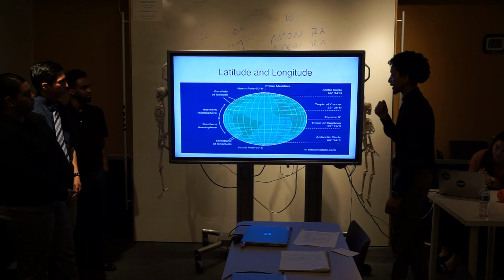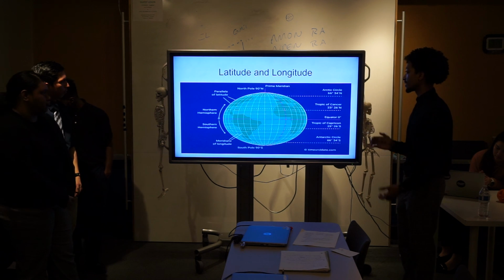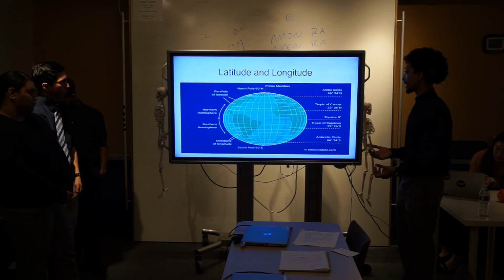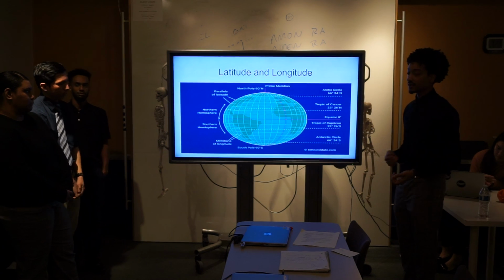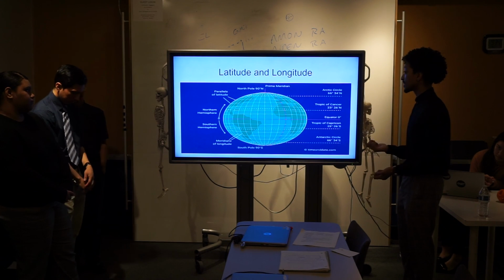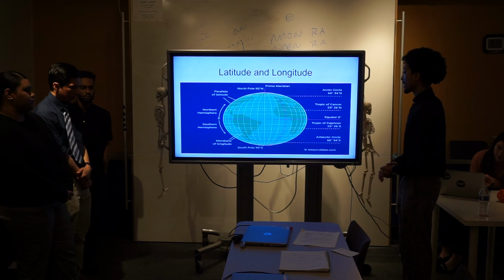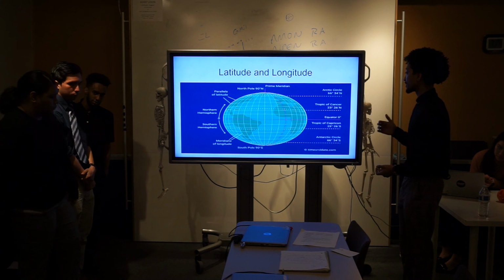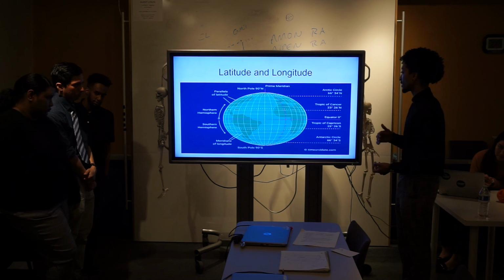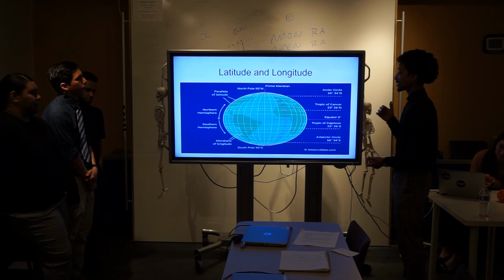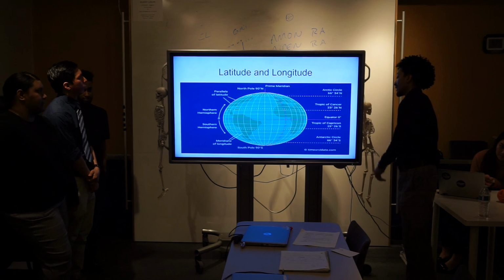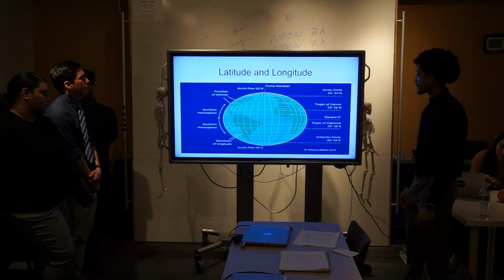Longitude uses the same measurements, which are degrees, minutes, and seconds. And unlike latitude, the lines are not equivalent to each other.